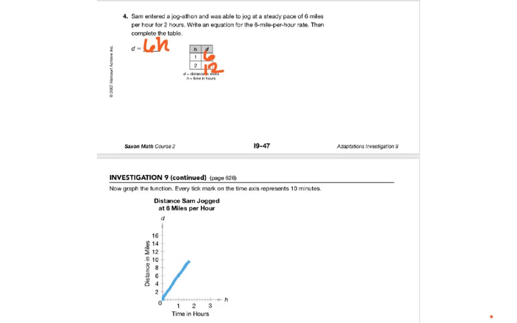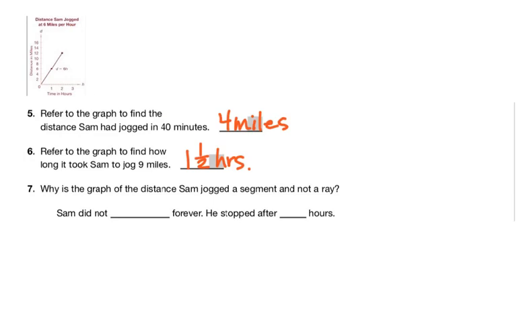I should have stopped it right there. So you guys can fix that on yours to match this right here. Because he did say that he stopped after 2 hours. He did not jog forever, right? He did not jog forever. He stopped after 2 hours.